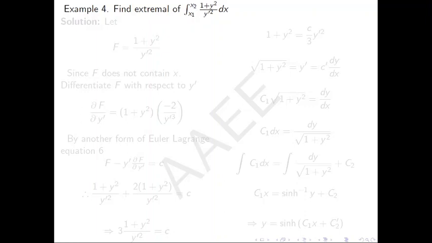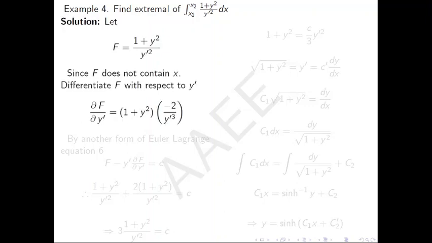Next sum, find the extremal of the integral from x1 to x2 of (y plus y square upon y dash square) dx. Solution: let f be the integrand, 1 plus y square upon y dash square. Kindly note that the integrand is free from x.